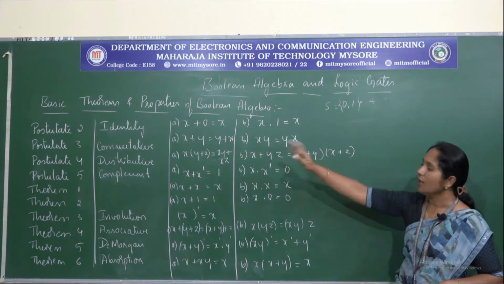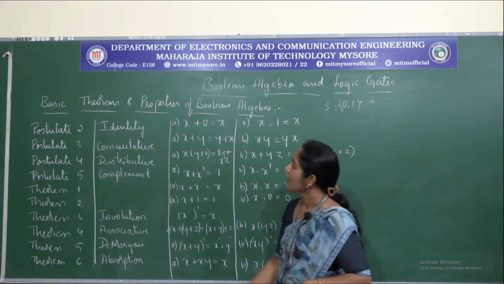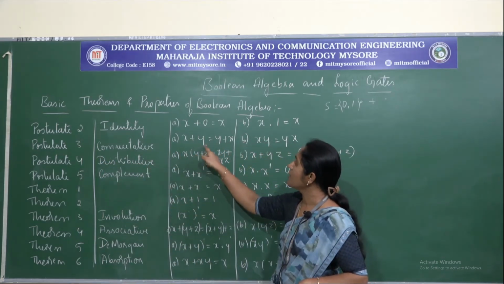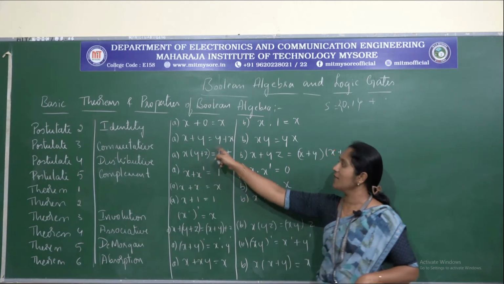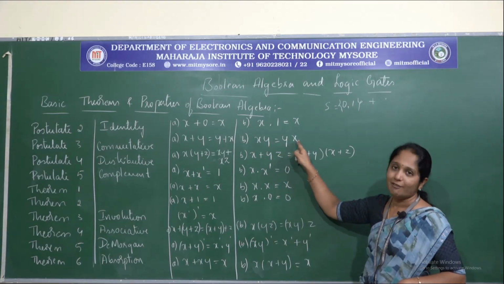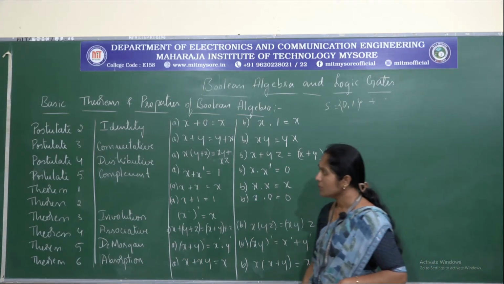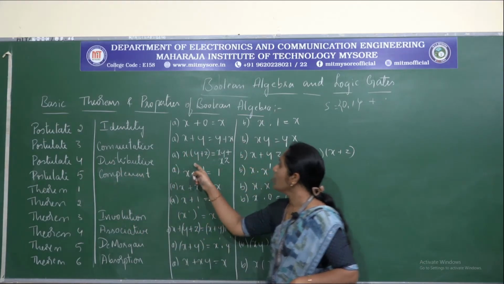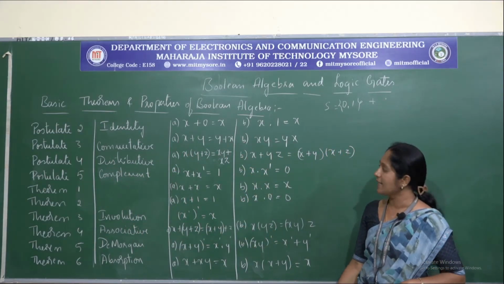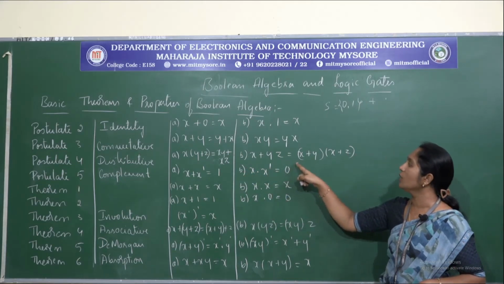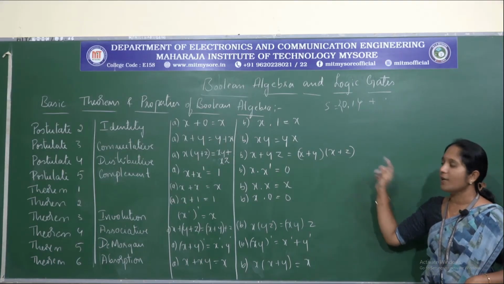Postulate 3 is commutative: x plus y is equal to y plus x, and the other version is xy is equal to yx. The next postulate is distributive: x into (y plus z) is equal to xy plus xz, and the other version is x plus yz is equal to (x plus y) into (x plus z).